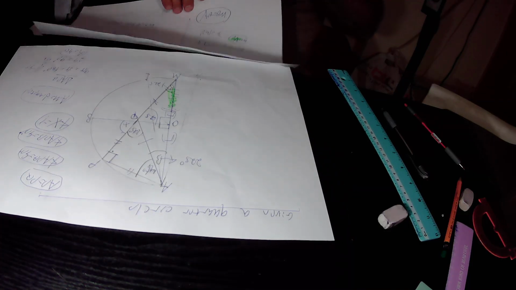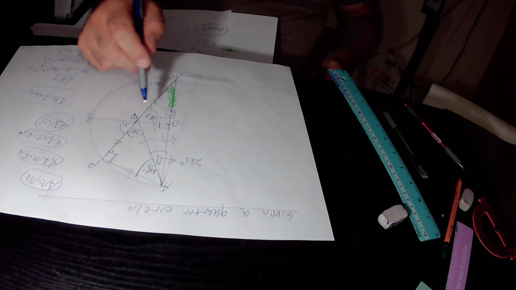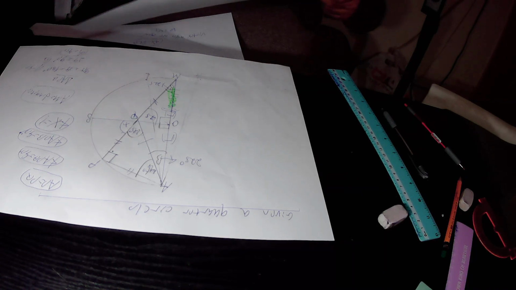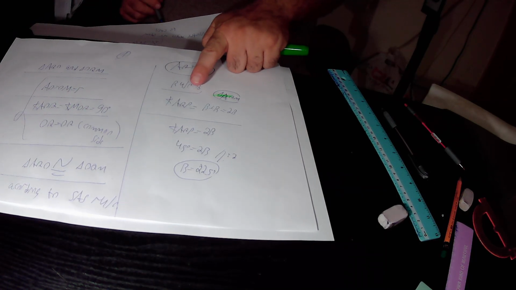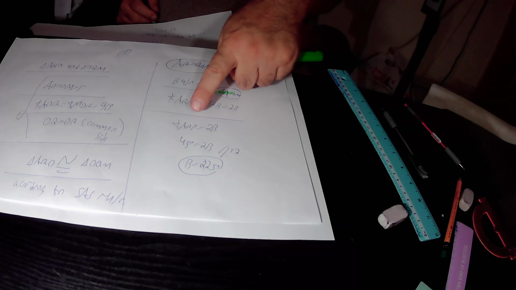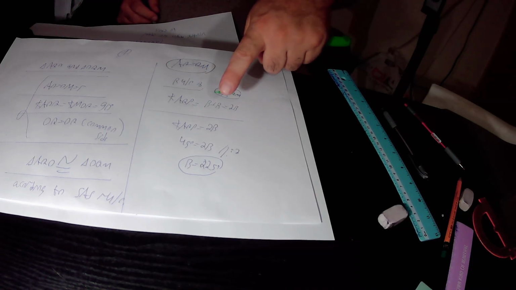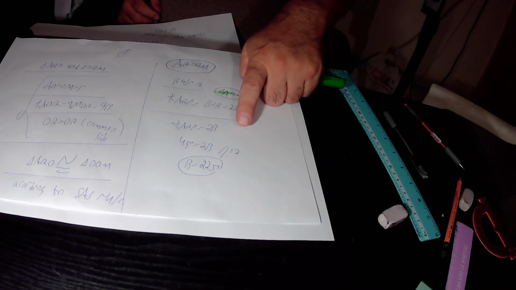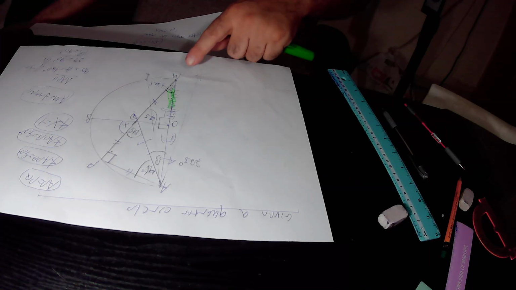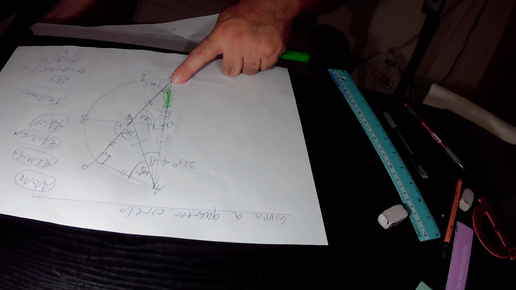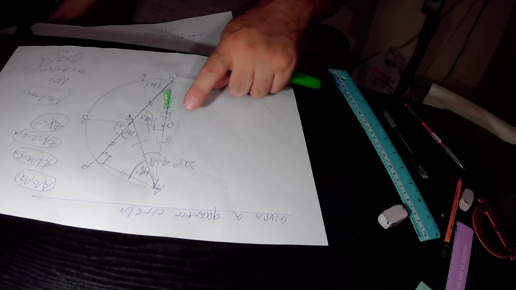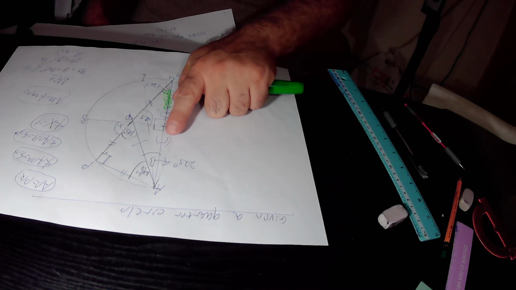But we have already found out that the size of the external angle AQP is equal to 45 degrees. So we can substitute angle AQP by 45 degrees. So 45 degrees equals 2 beta. Here we divided this equation by 2 and finally found out that angle beta equals 45 degrees over 2, which is 22.5 degrees. So this is the missing angle beta. This is equal to 22.5 degrees in size. This is also the missing angle beta, equal to 22.5 degrees in size.